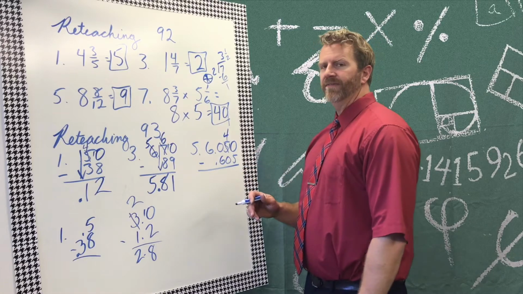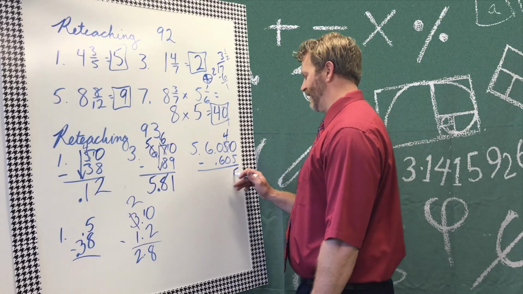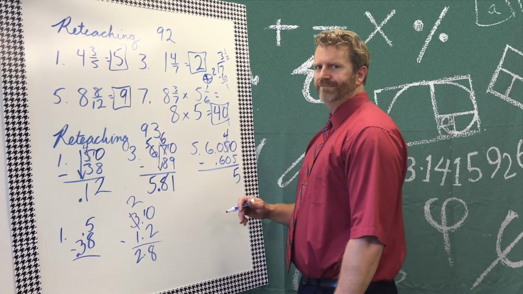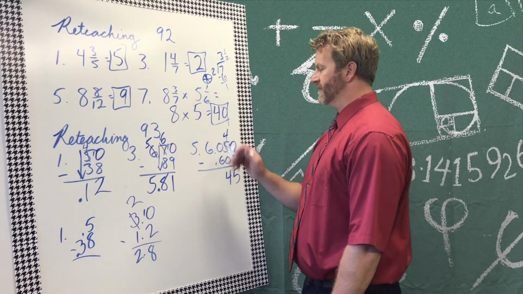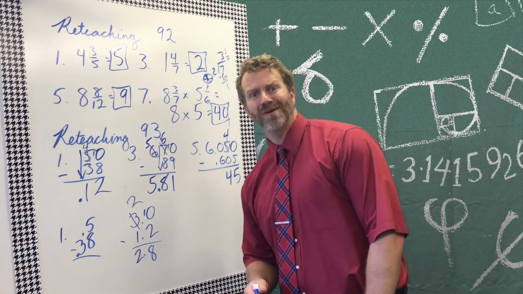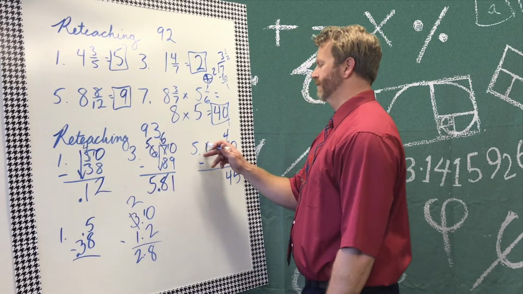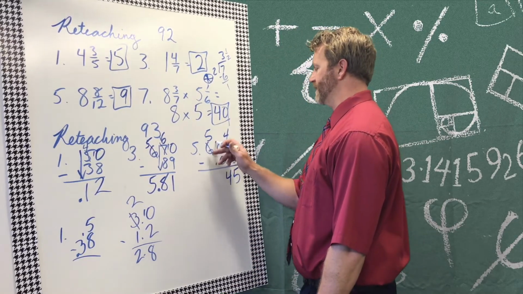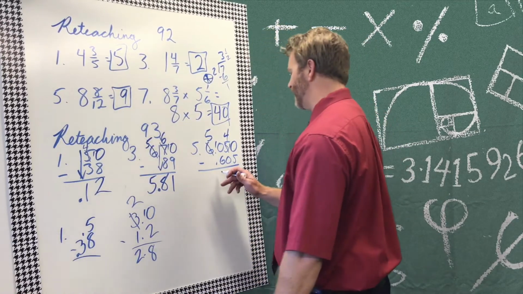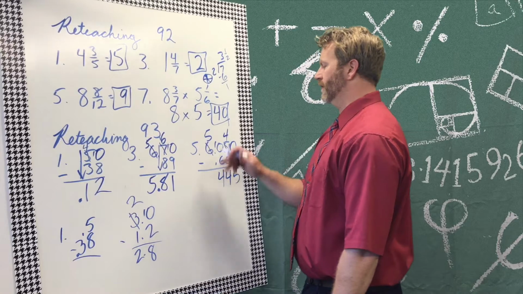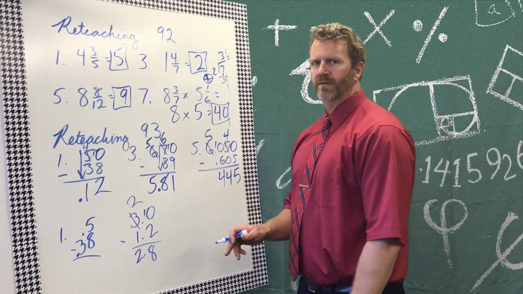What's 10 minus 5? 5. Nice, I like it. And then 4 minus 0? And 6 minus 0? Can't do it, right? What do we got to do? We got to borrow from that 6. It becomes 5. That becomes a 10. What's 10 minus 6? Yell it out nice and loud. Boom. And then 5 minus 0?